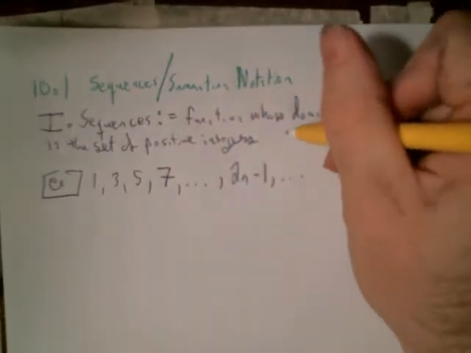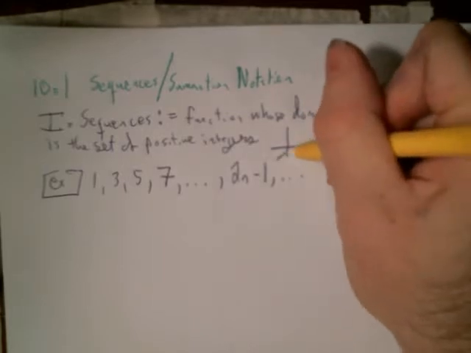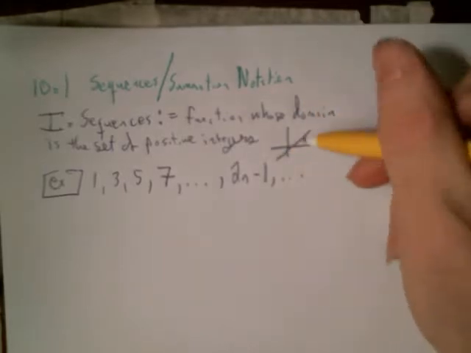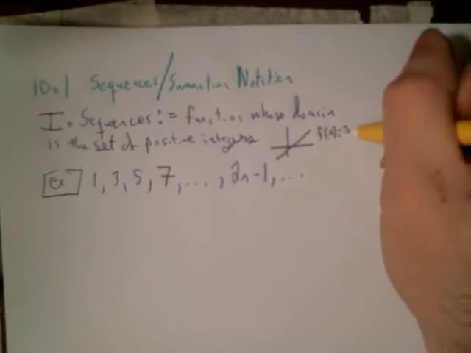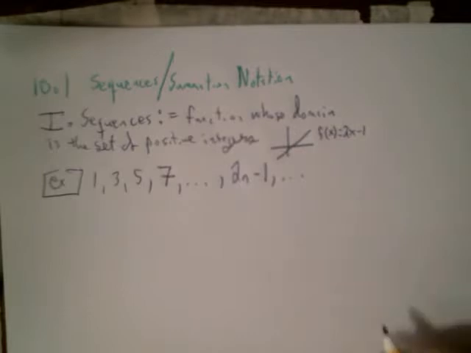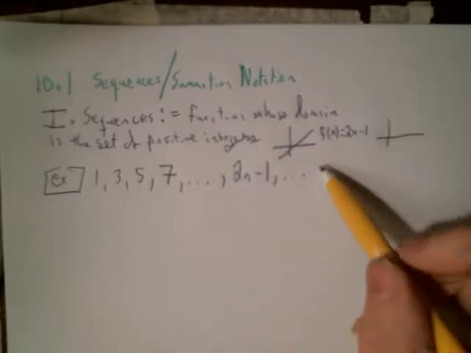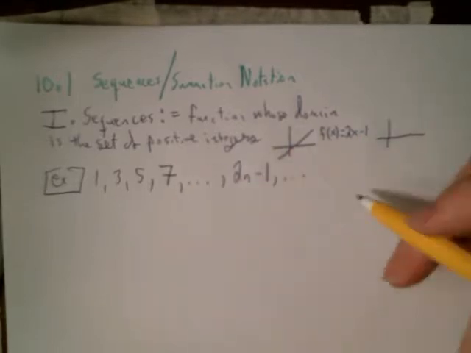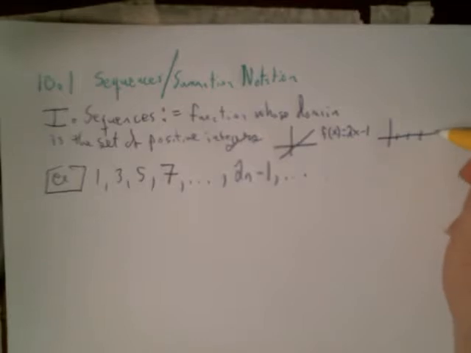Where before we may have had a line representing the function f of x equals 2x minus 1, now we have a bunch of dots where the integers are. It's a function whose domain is a set of positive integers, so we only have points at 1, 2, 3, 4, etc.